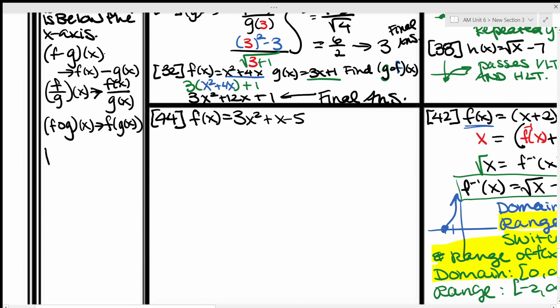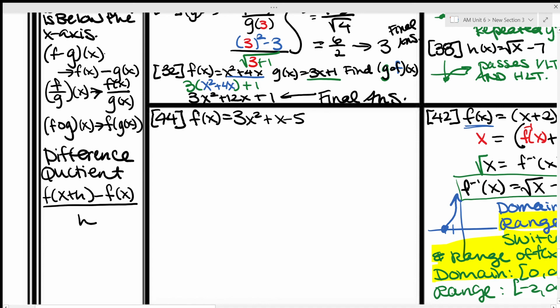Okay, and so my difference quotient is f of x plus h minus f of x all over h, where h does not equal 0. So I do the first part first, right here. That's okay. So I'm going to plug in x plus h.